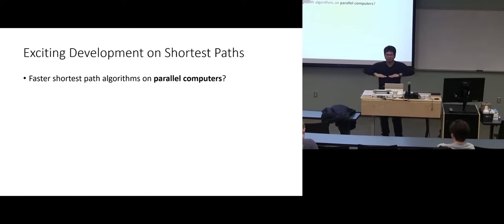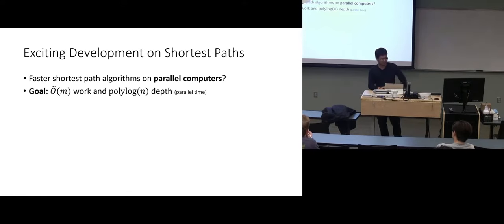That's what parallel computation means. When you have so many computers, you want to solve your problem in parallel time, so that this parallel time is fast. Maybe the total work is big, but the parallel time is fast. Can you do this kind of parallel computation for shortest path?